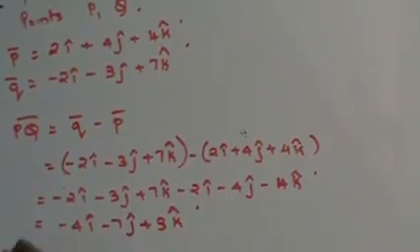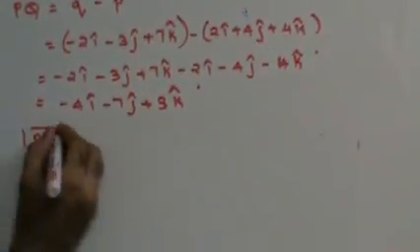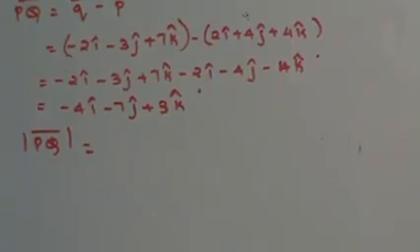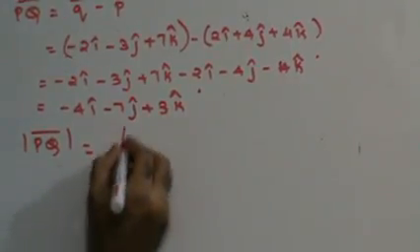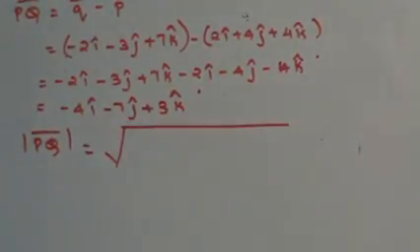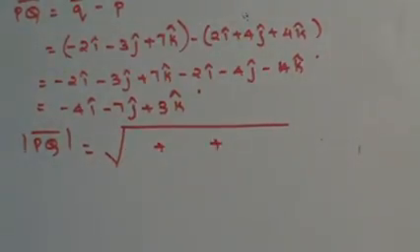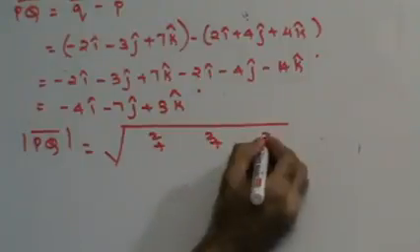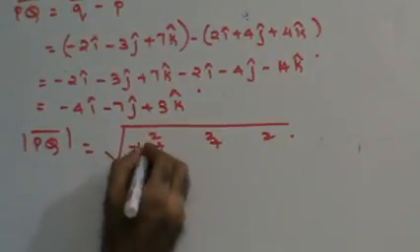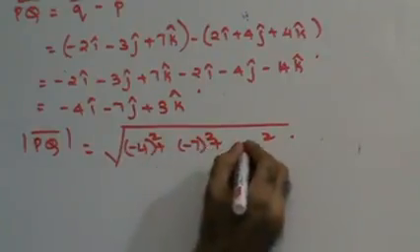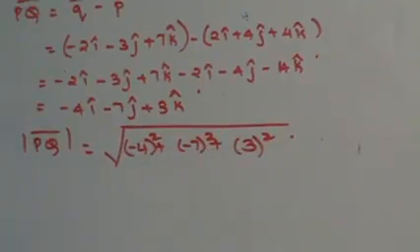Now they've asked you to find the magnitude of PQ vector. I just explained how to find the magnitude of a vector. Magnitude of a vector is the square root of the sum of squares of the coefficients: minus 4 square, minus 7 square and 3 square.